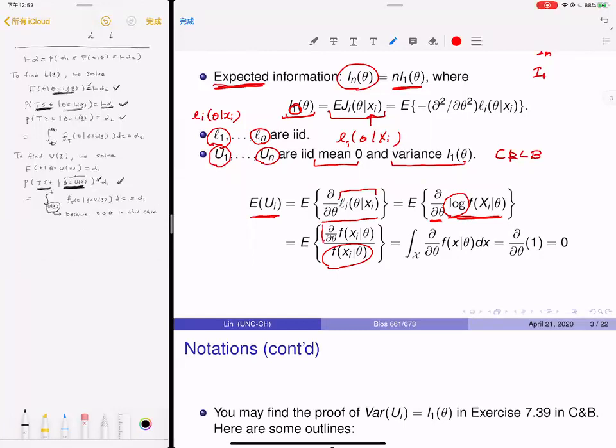Then your numerator becomes partial theta of f, just by the definition of differentiation on theta.